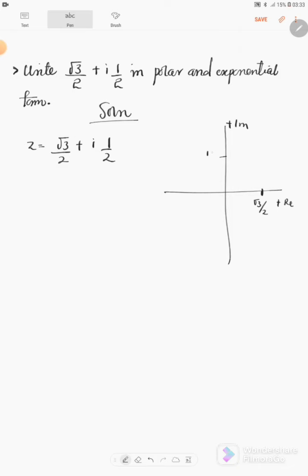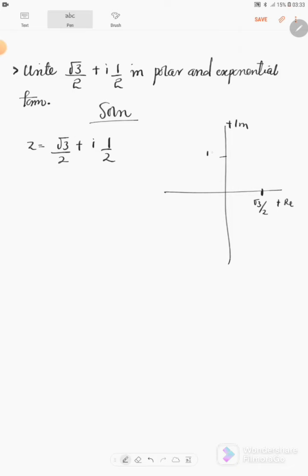Now let's move to algebraic rules of complex numbers. This first part says let the complex number z1 equals a plus ib and z2 equals c plus id.